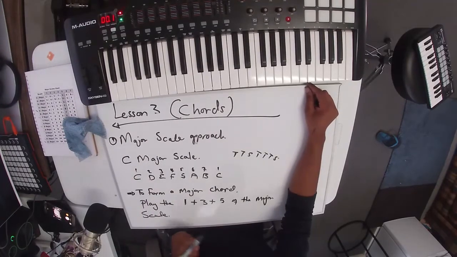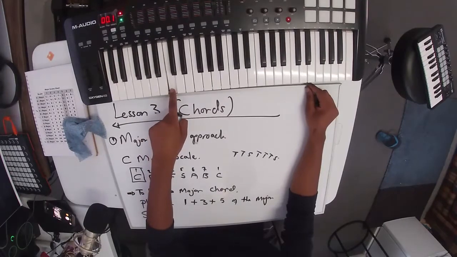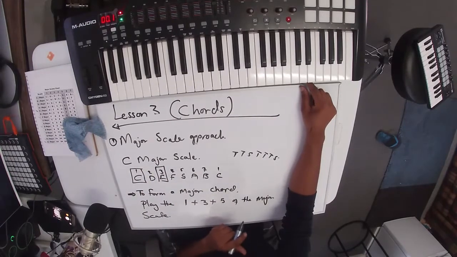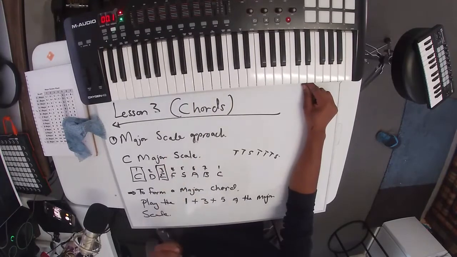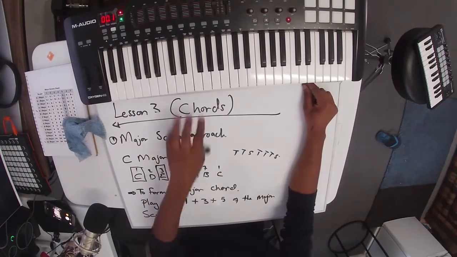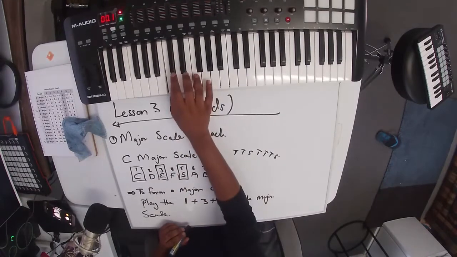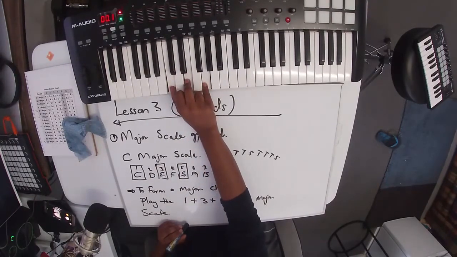I'm putting a plus there to show that you're playing them at the same time. So let's look at this major scale. We play the 1, which is the C, plus, at the same time, the 3, which is an E, and the 5. So we've got 1, 3, 5, and that is a C major chord.